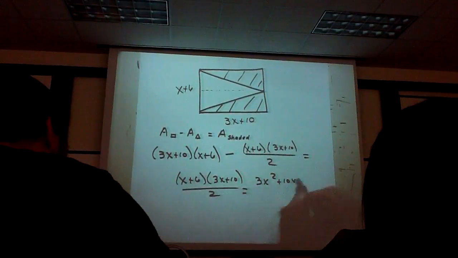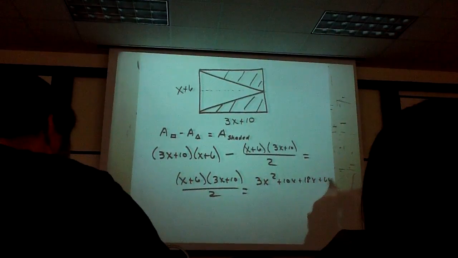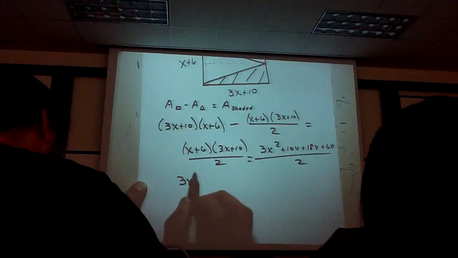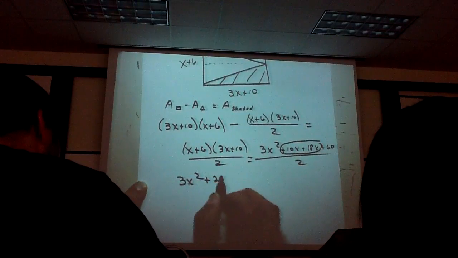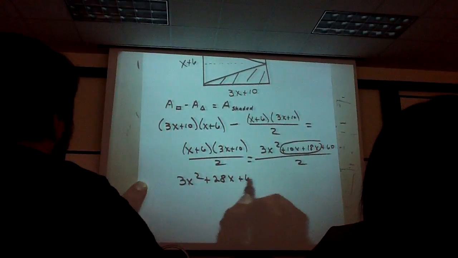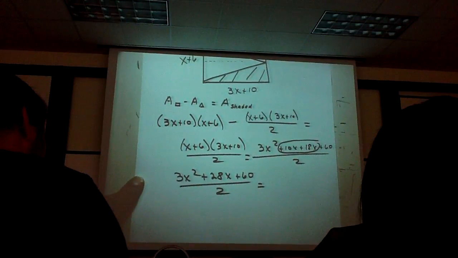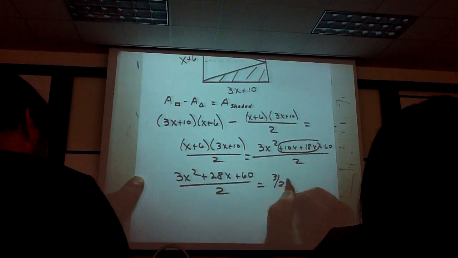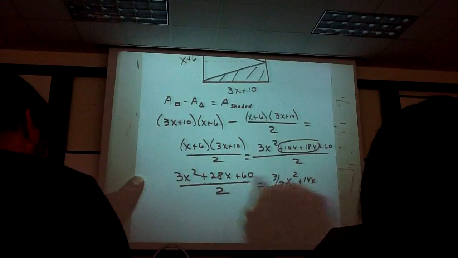x, 2. So divide everything by 2, I get 3 over 2 x squared, 14x plus 30.